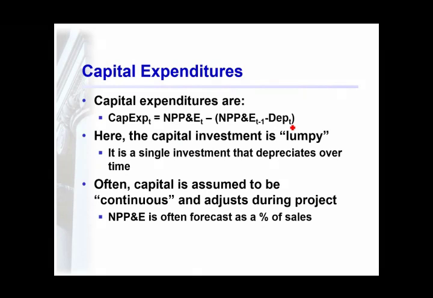Sometimes we assume the capital investment is continuous. As we increase sales, we forecast net property, plant, and equipment as a fraction of sales, and then compute from the net property, plant, and equipment this year as a fraction of sales this year, last year as a fraction of sales last year, and the depreciation, what the necessary investment is in property, plant, and equipment to support the sales every year.